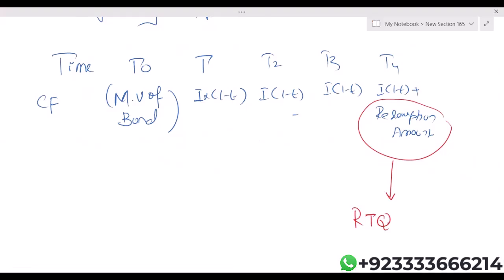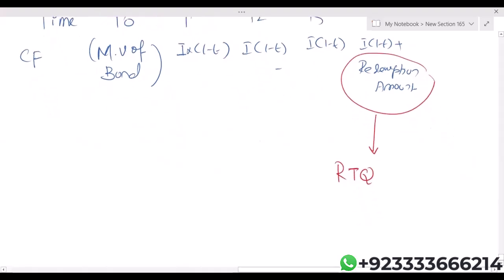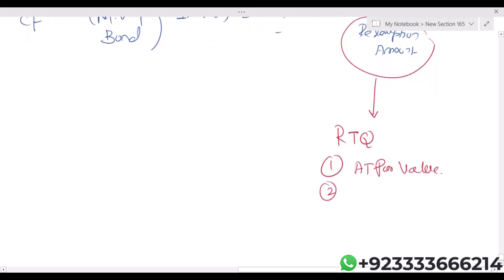Read the question carefully. There's a reason. Number one, if nothing is mentioned, then redemption will be at par value. Obviously, if the question says par value, it's okay. Nothing is mentioned, redemption will be at par value. Second, redemption could be at premium. But in case of premium, the premium will be mentioned in the question. So redemption could be at premium.